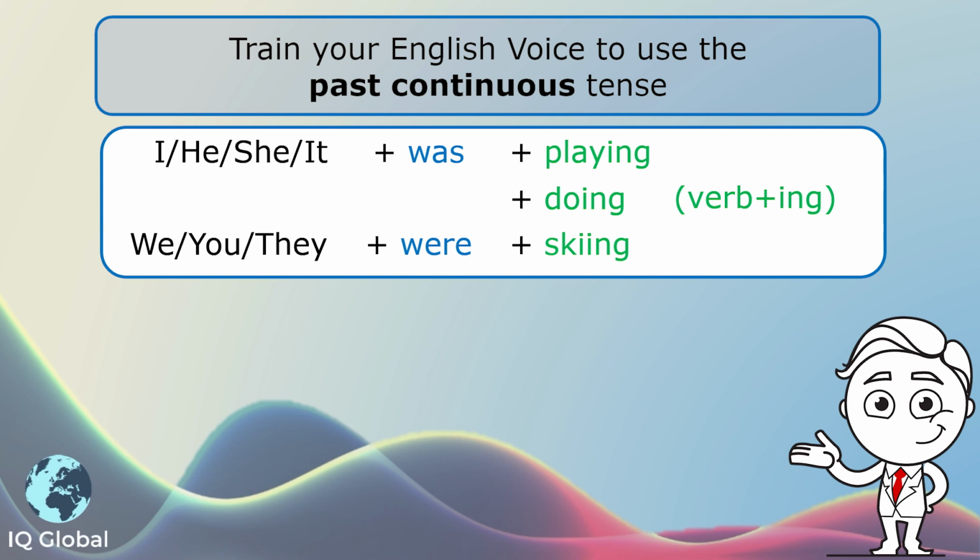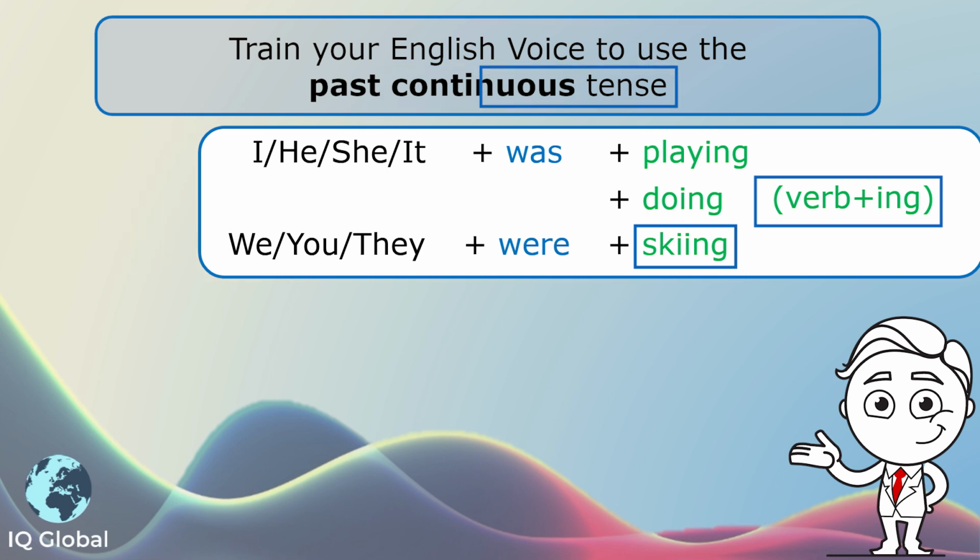If the subject is we, you, or they, we use were. Were tells us that it is past tense, and we use verb plus ing, which tells us it's continuous.